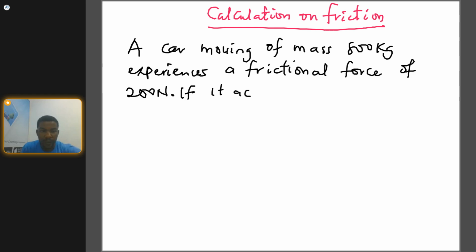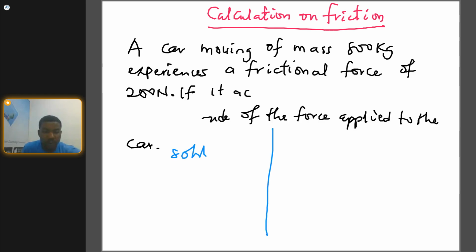So these are questions that we want to solve. We need to first identify the parameters in the question. We are given mass. Mass of the car is 800 kilogram.